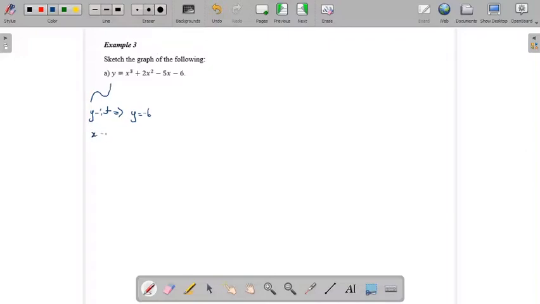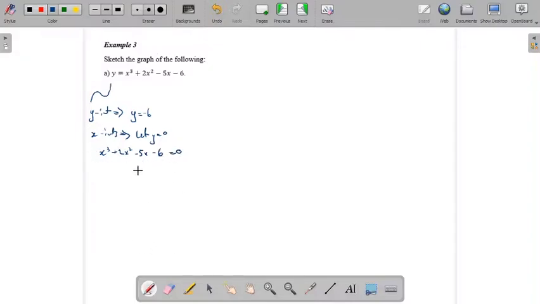Our x-intercepts, by letting y equal 0, we end up with x cubed plus 2x squared minus 5x minus 6 equals 0.